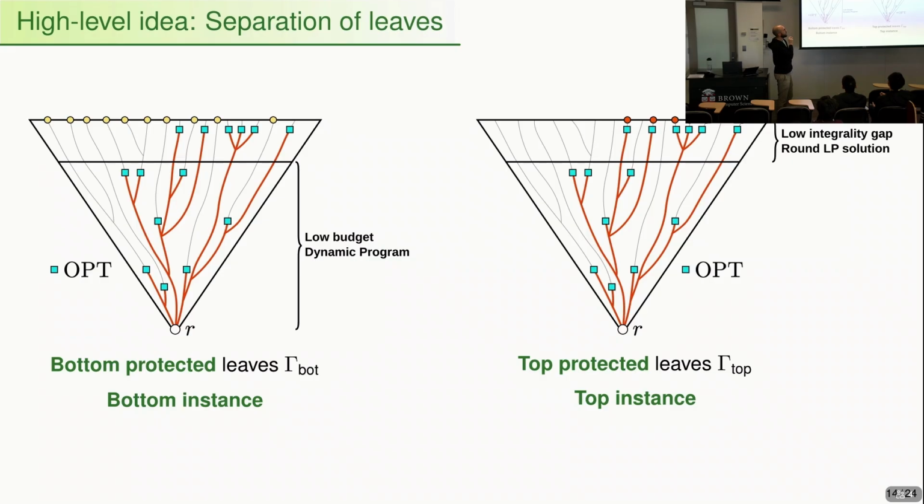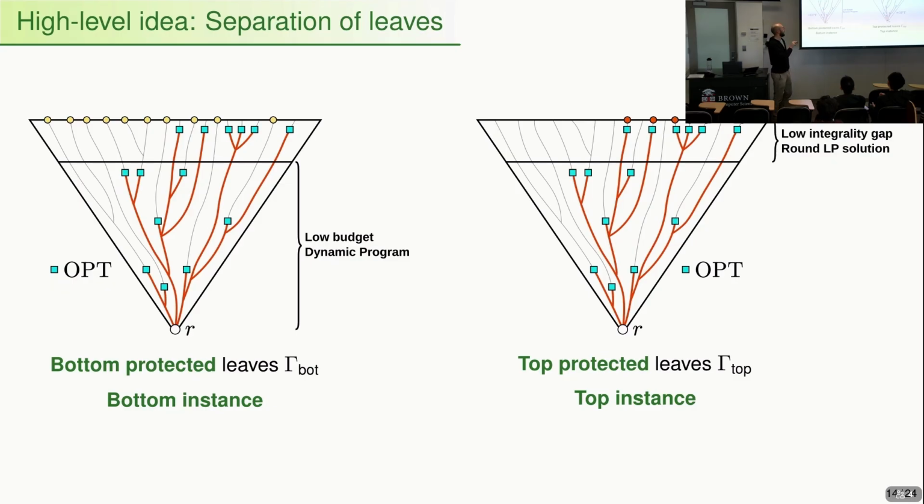If we assume we would know this partition, then I would say we are more or less done. Because on the right-hand side, we could just solve the instance restricted to the top levels. For this, we have a small integrality gap, so there we can use LP rounding.